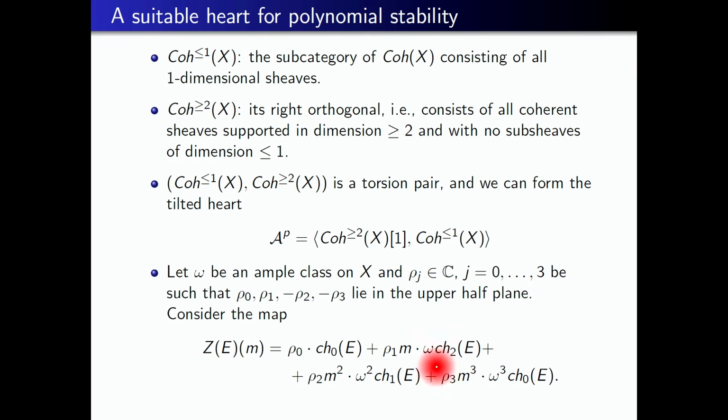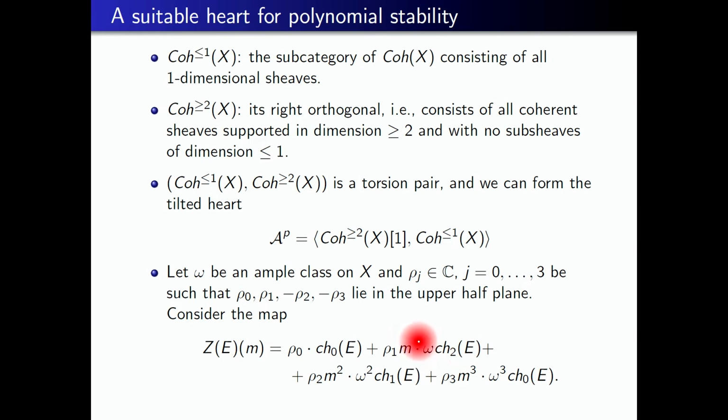But the key thing is this, right? You can write a polynomial stability function like that, in these terms, looking at the various Chern characters and powers of m. Here there is supposed to be a ch_3 instead of ch_0. So rho_0 ch_3, rho_1 ch_2, right?